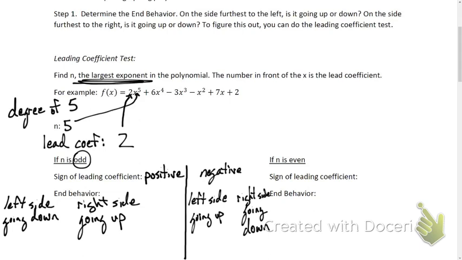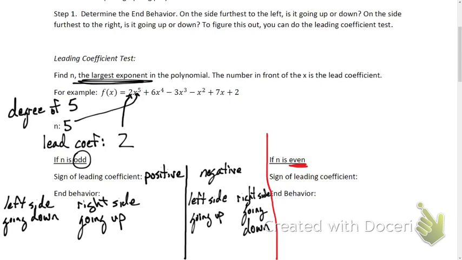All right. What if the degree, the n, the largest exponent, is even? I don't have an example written for this. We do coming up, but not right above it.